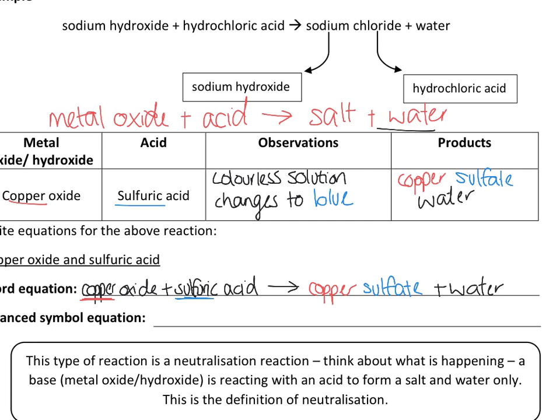Okay, now in terms of your balanced symbol equation, for copper oxide we need to do our swap and drop. Copper oxide, it may appear on the back of your periodic table as Cu2+, but the valency of copper is usually 2. It can be 1, but it's usually 2. It's 2 in this case. So Cu2, oxide is 2.